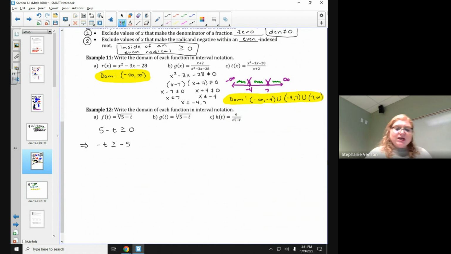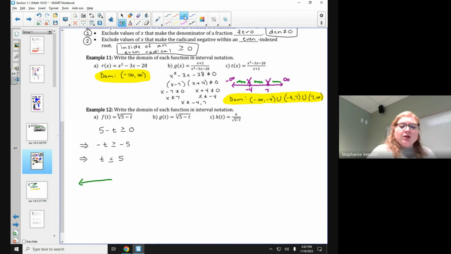If you divide both sides by negative 1, you get a t and a 5, but when we divide an inequality by a negative, or we multiply it by a negative, you have to flip it. So this is t is less than or equal to 5. And that's the domain. We just have to translate that to interval notation.